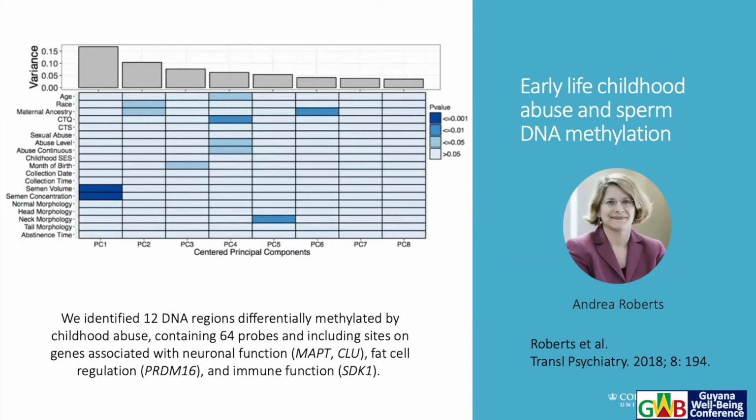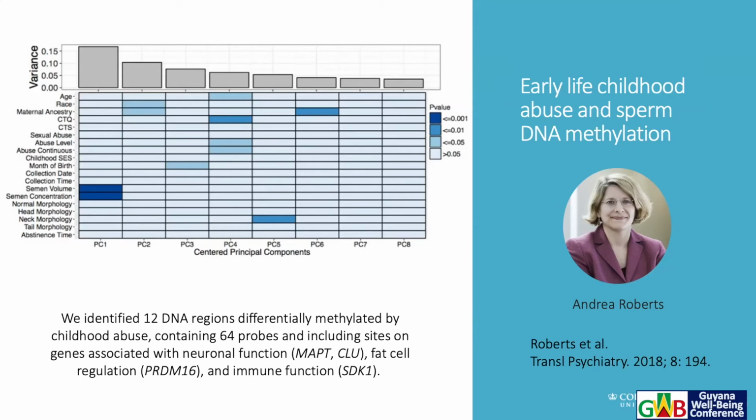For instance, our colleague Andrea Roberts, who we collaborated with on this project, showed that men with early life childhood abuse, when they become adults, have differences in their sperm DNA methylation.